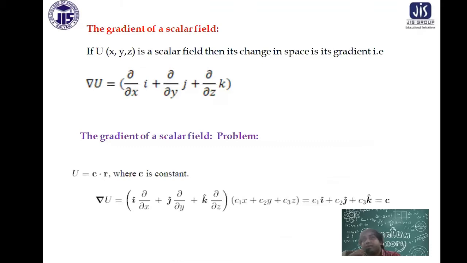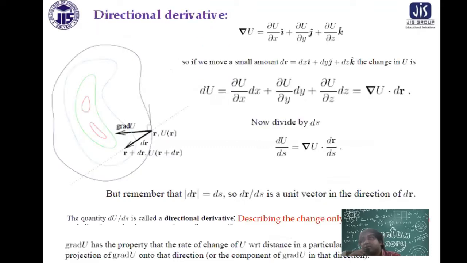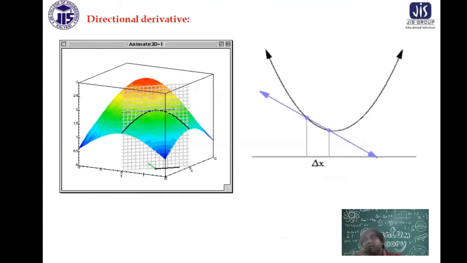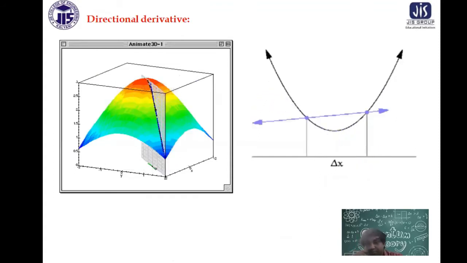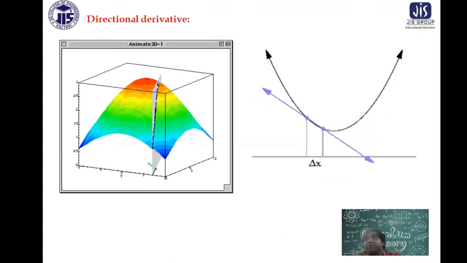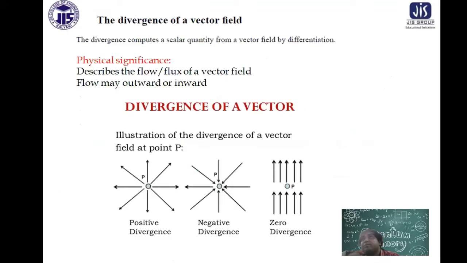Okay, this is how you take the gradient. This is the concept of the directional derivative. You take the dot product with the unit vector in that direction, and this is the animation that shows that gradient means you take the slope. In classical coordinate geometry, slope means the gradient of the curve. So in a definite direction it is called the directional derivative.